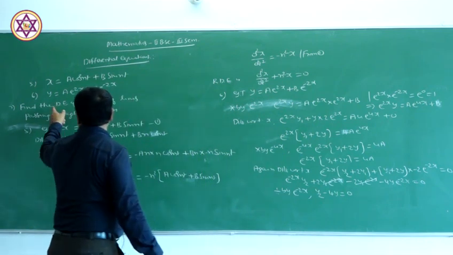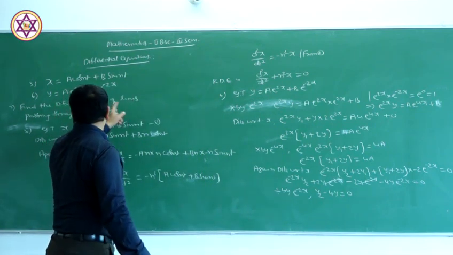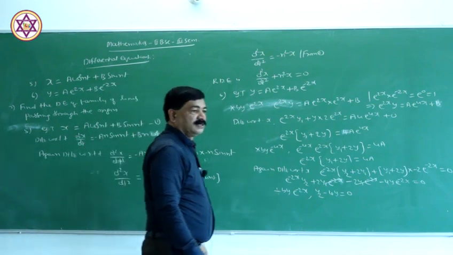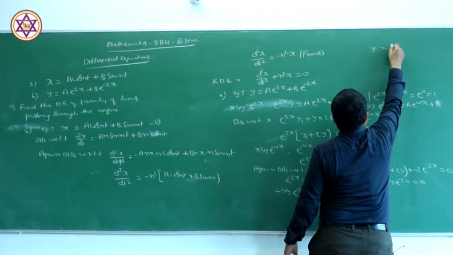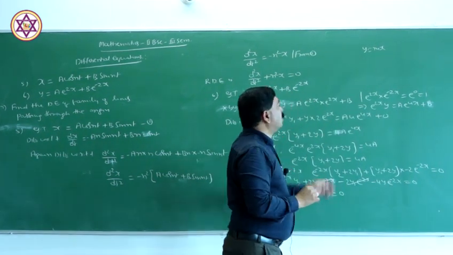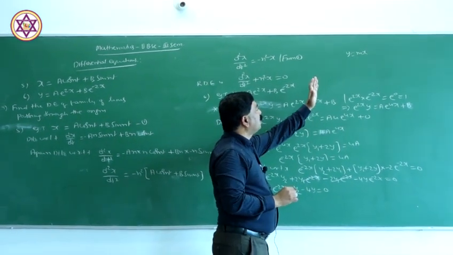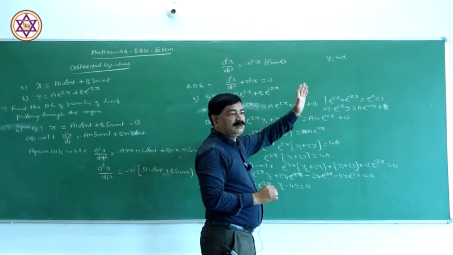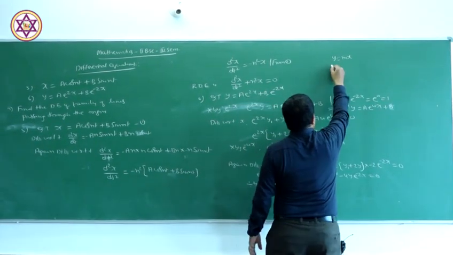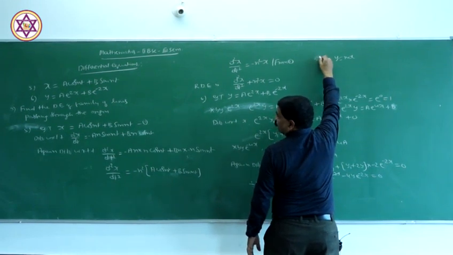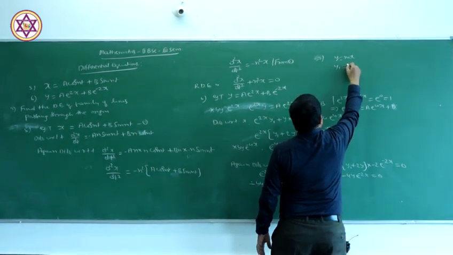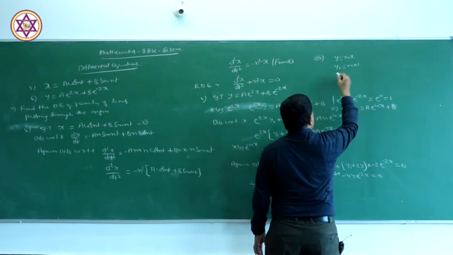Next, find the differential equation of the family of lines passing through the origin. Here, passing through the origin means the required equation of the family of lines passing through the origin is y is equal to mx. Here differentiate, so y1 is equal to m into 1.